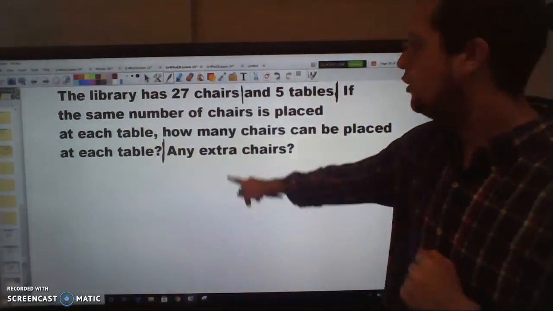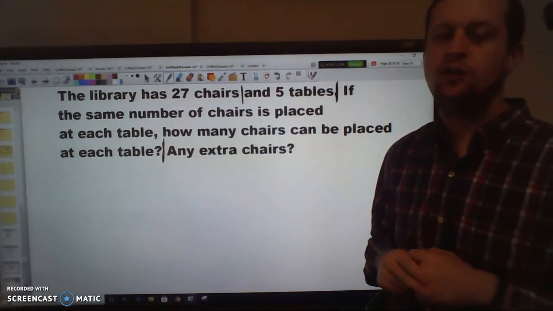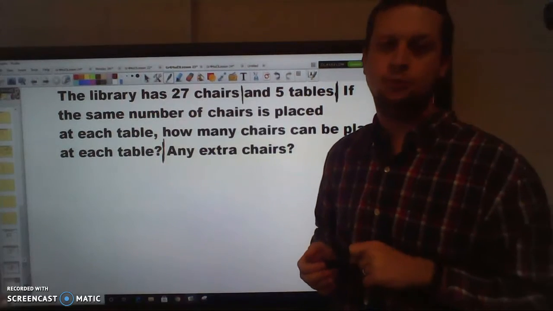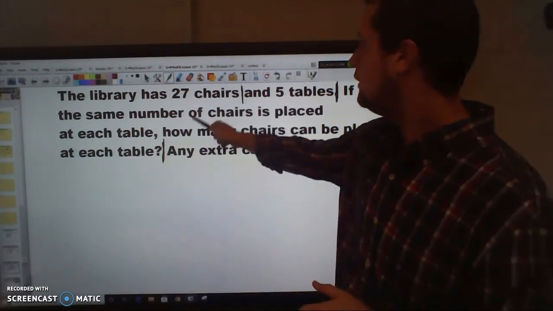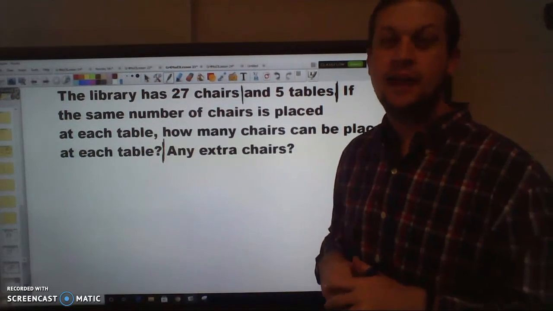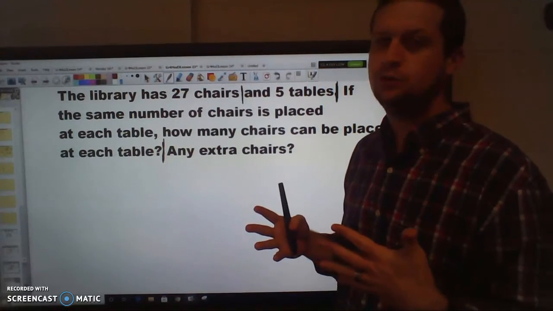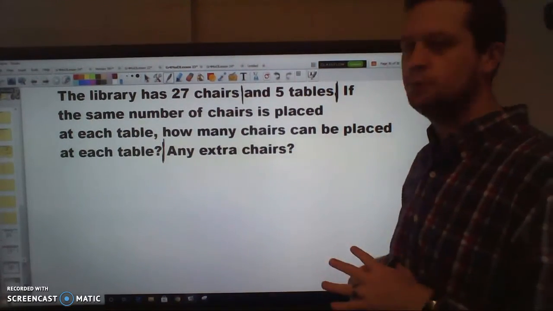Okay, so I know that there's a total of 27 chairs, and I know that there are 5 tables. So I'm going to start off with having my 27 chairs, okay? And I know that there's going to be 5 tables. All right, so this array might look a little different because I know that there's 5 tables here.